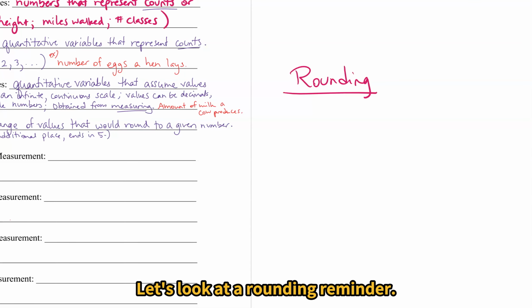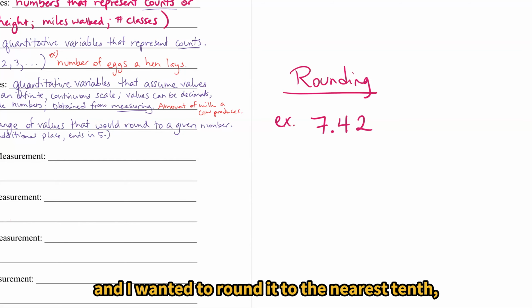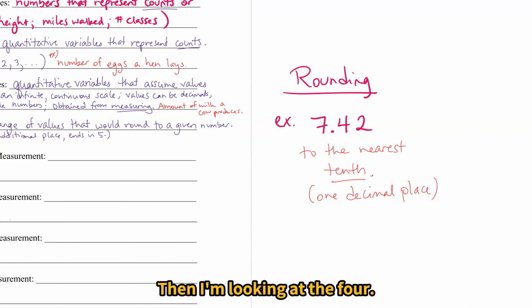Let's look at a rounding reminder. If I had the number 7.42 and I wanted to round it to the nearest tenth, or we could say 1 decimal place, then I'm looking at the 4.